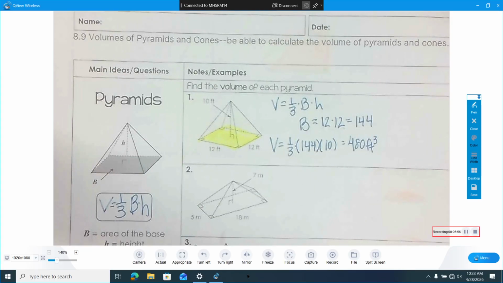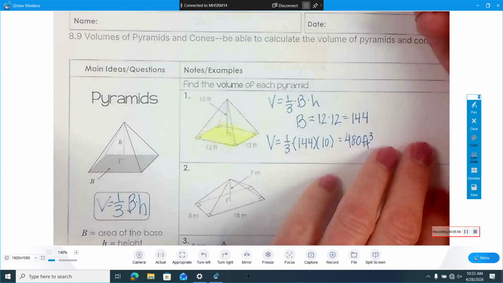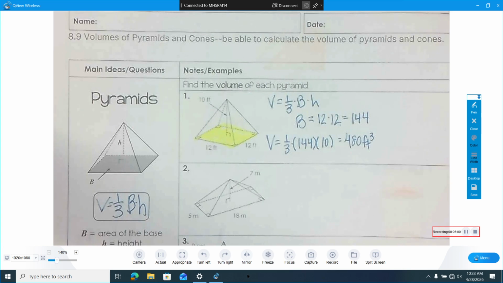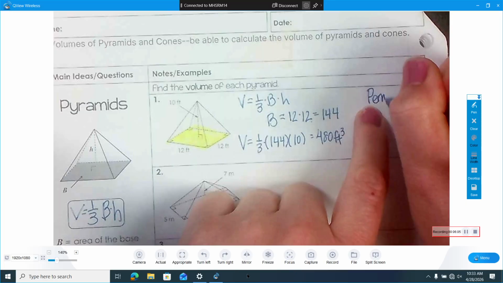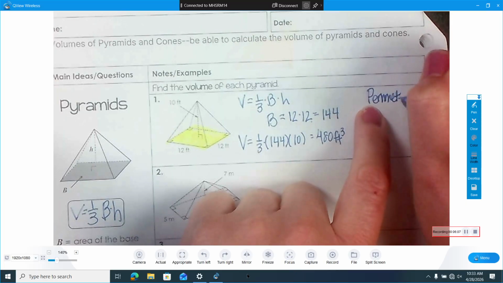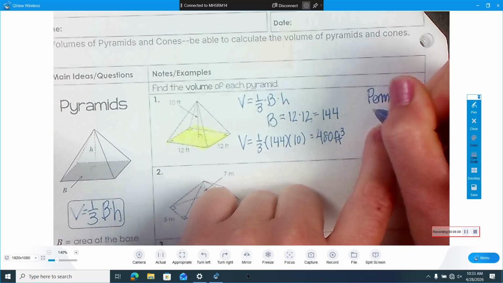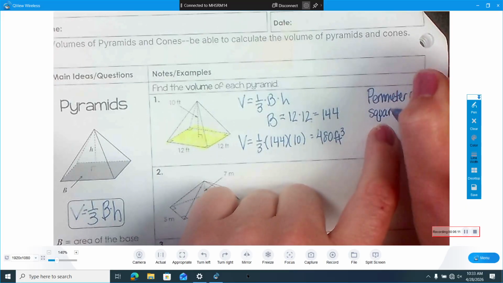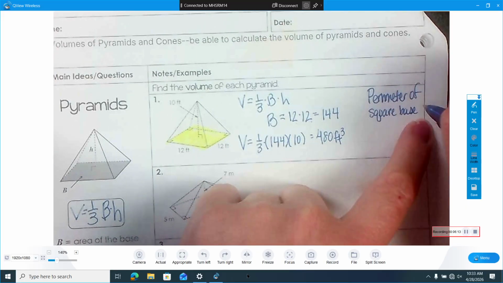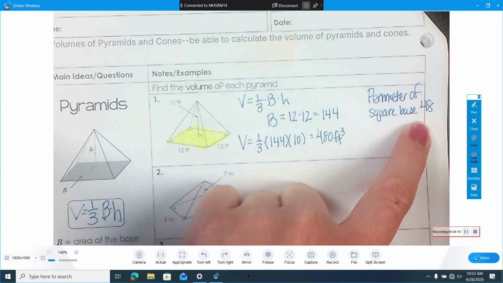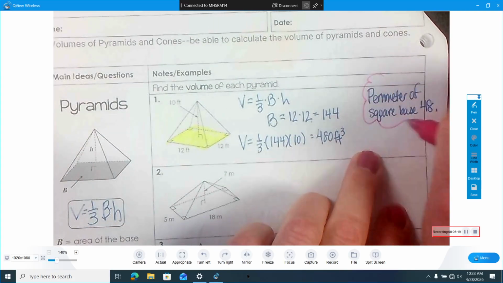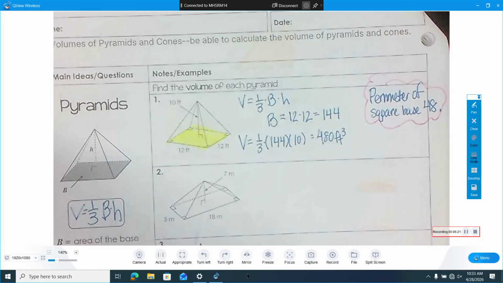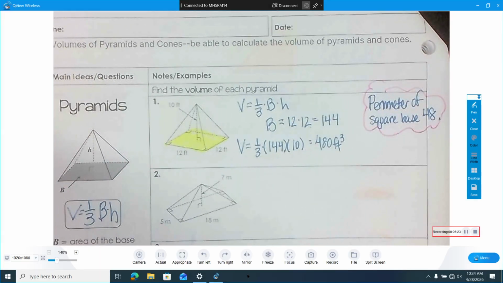Ladies and gentlemen, on Delta Math, they make it, of course, not quite so straightforward. What if they told you that the perimeter of the square base was 48? How would that help you figure out the area of your base?